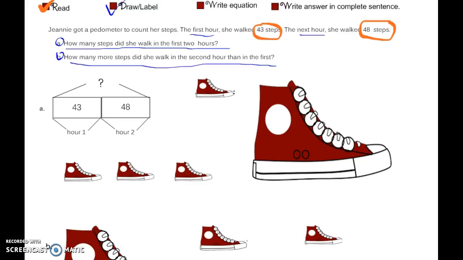Now that I've drawn and labeled my tape diagram, I need to write this as an equation. My equation, hopefully you've already written down, will be 43 plus 48, because I'm trying to find the whole amount, and I know that I have 43 and I have 48.